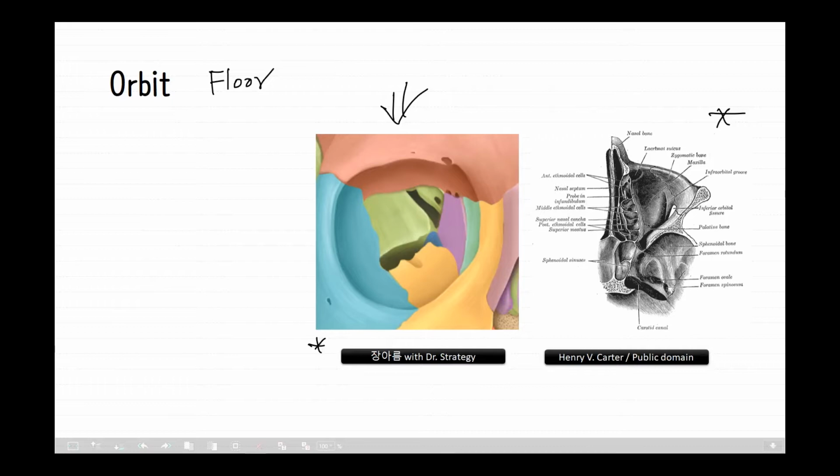In this figure, we can find the maxilla like this, and this is the zygomatic bone portion, and the small orbital process of the palatine bone I colored as blue. The floor is thin and largely roofs the maxillary sinus. Below the floor, there will be a maxillary sinus.